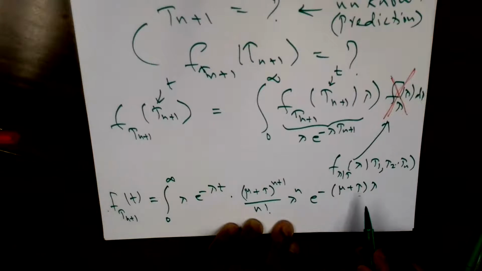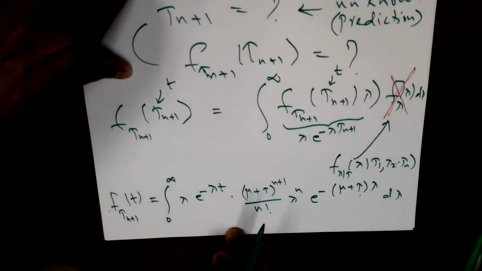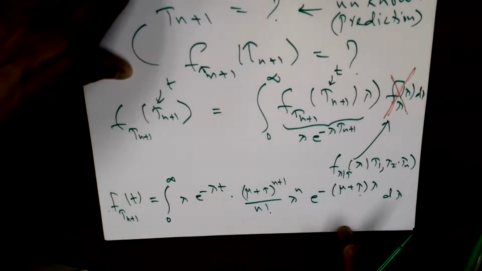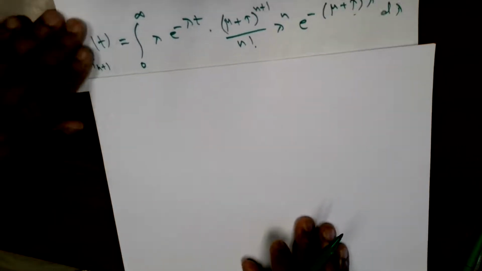So this is the posterior density function. I'm going to do it in the next page, and let me collect all the lambda terms together and the constants outside.